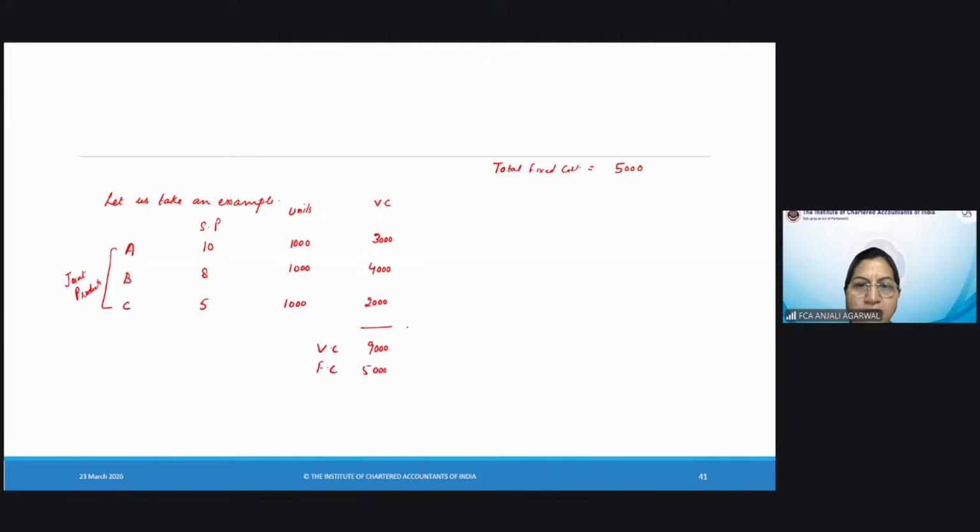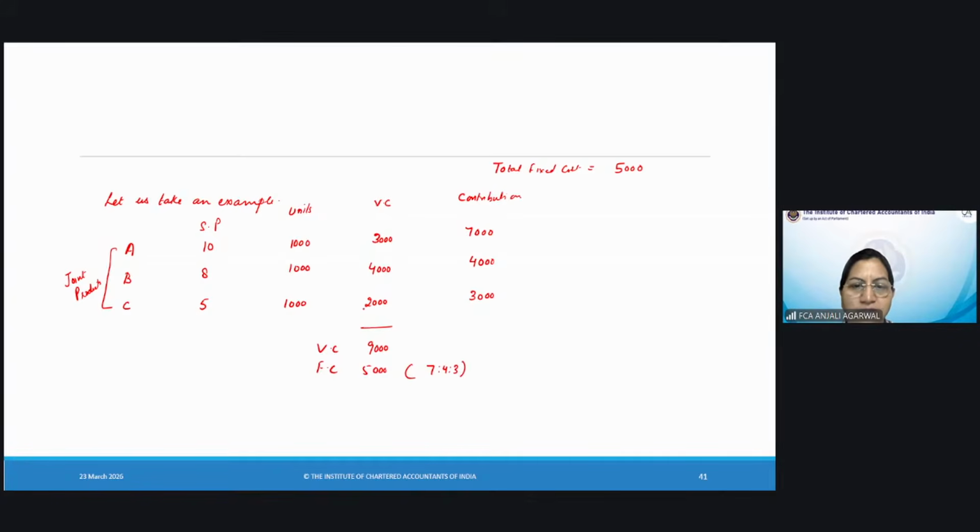So if you will look at the contribution, you will see that this is giving us a contribution of 10,000 minus 3,000, 7,000. This is giving us a contribution of 4,000, and product C is giving us a contribution of 3,000. So your fixed cost 5,000 should be divided amongst A, B, and C in the ratio of 7:4:3.